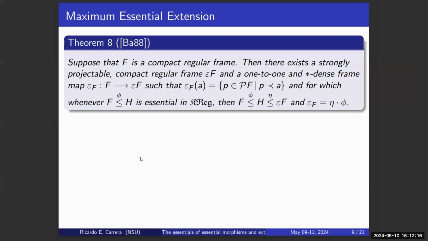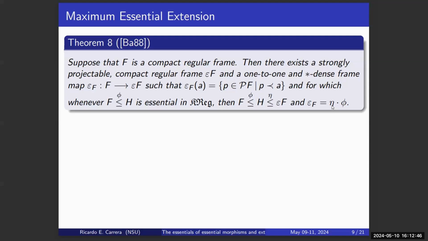So Banaszewski showed that for every compact regular frame, there exists a strongly projectable compact regular frame E sub F and a 1-to-1 star dense frame map that goes from F to EF. And this is the way that the map is defined, such that whenever you have an essential extension of F, then it embeds into EF such that EF is equal to phi composed eta.